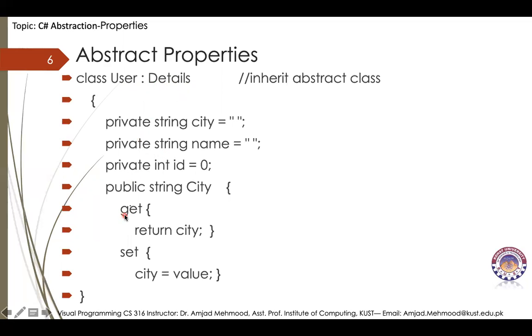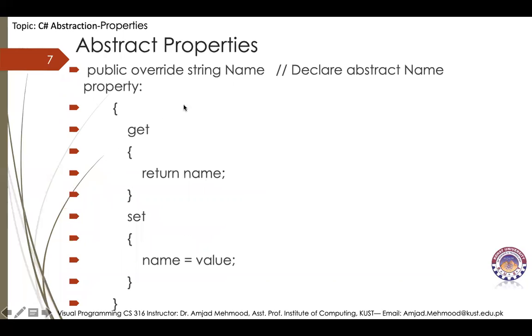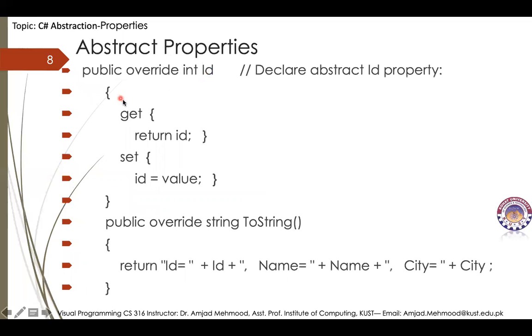Here you can see that this is providing the definition like city, get and set, and here this was the property name which is declared in the abstract class named details. Now this derived class is giving the definition of this name property and the id property. So now this class is giving the definition of both the properties.